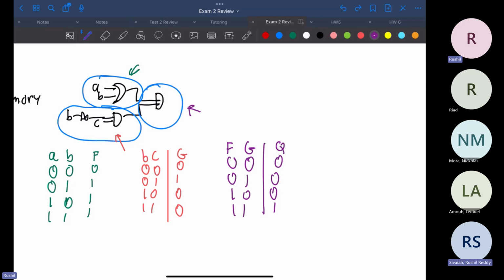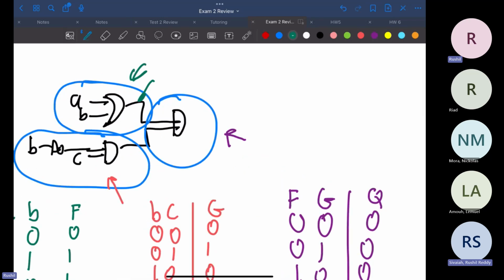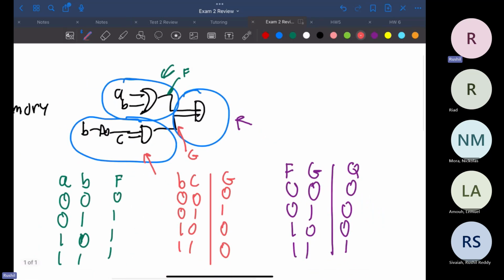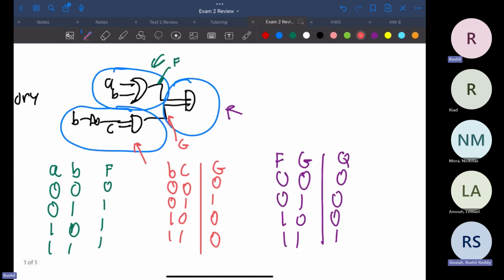What we're doing here is just assuming that this wire right here is called F, and this wire right here is called G. That's just a temporary variable name. But the LUT that we're still creating is just for the AND gate.